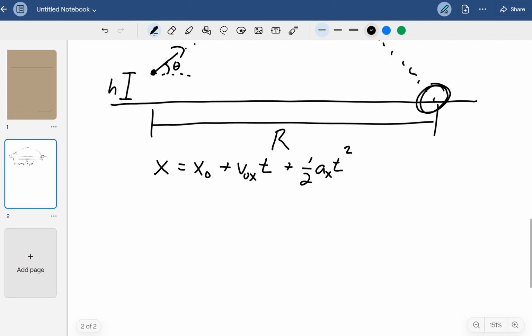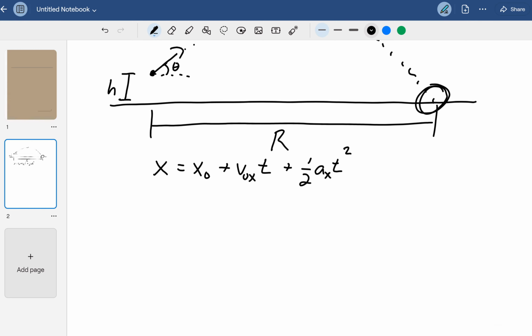For the y equation, we can do something very similar: y0 plus v0y times t plus 1/2 ay times t squared.